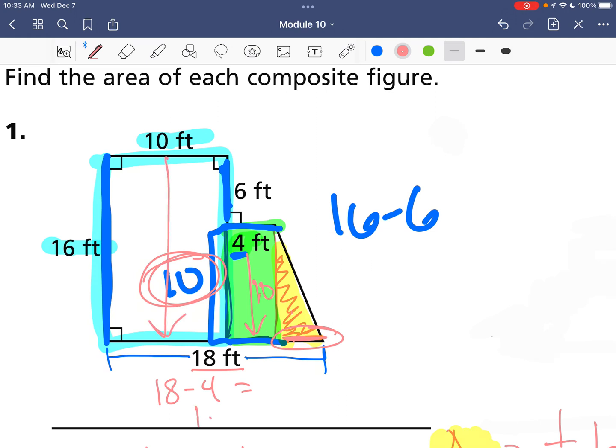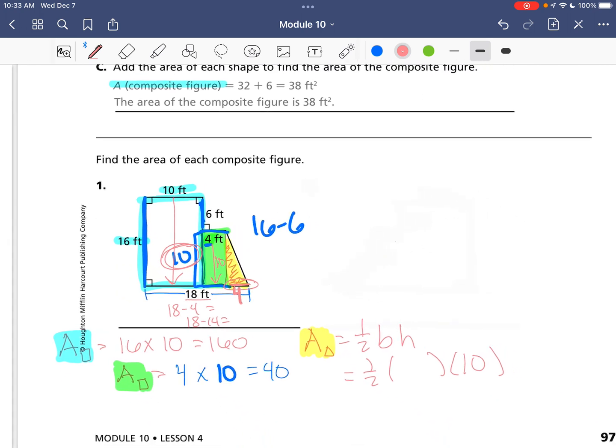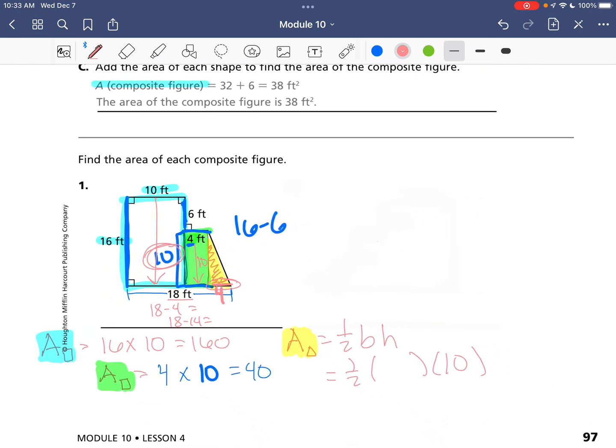Okay, so 18 minus 14 means that this little triangle base is 4. So I'm going to have 1/2 times 4 will give me 2 times 10 will give me 20. Let's add all these up, see what we get.